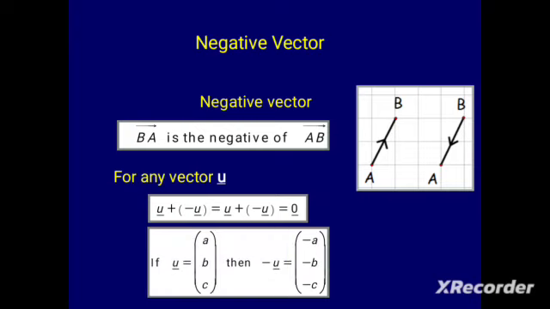That is vector 0, written as such. Now if vector u is equal to (a, b, c), then vector negative u, because it is the reverse or negative vector of u, will be given by (negative a, negative b, negative c).